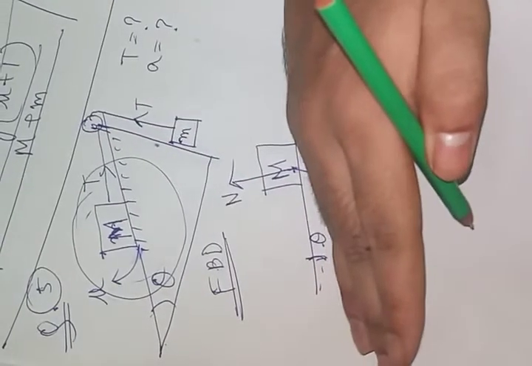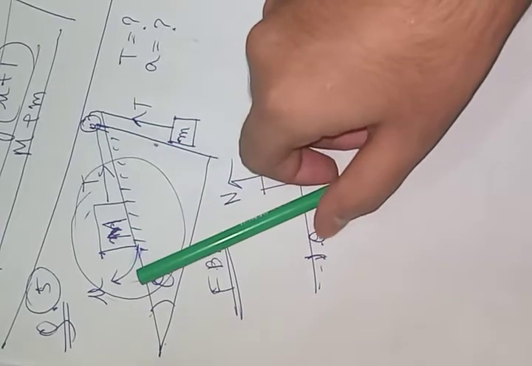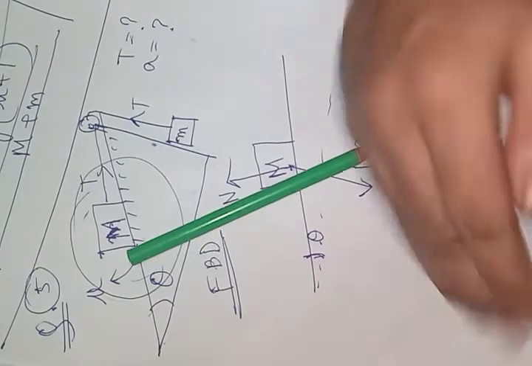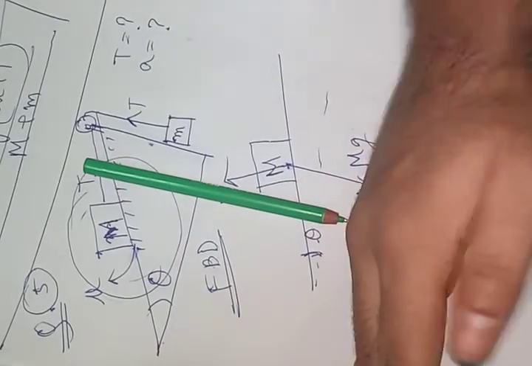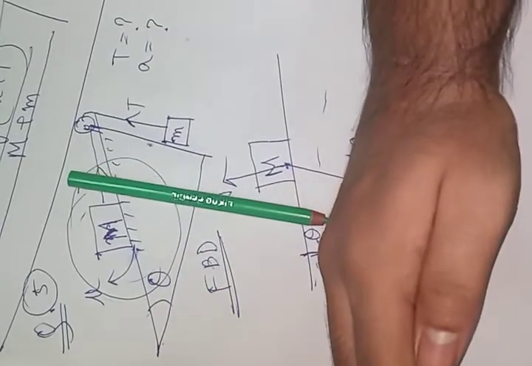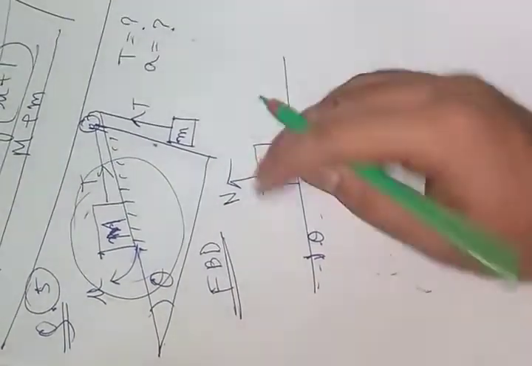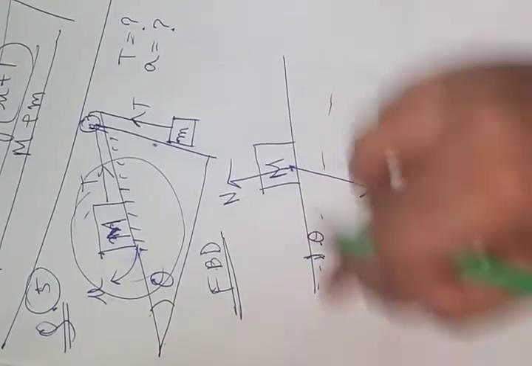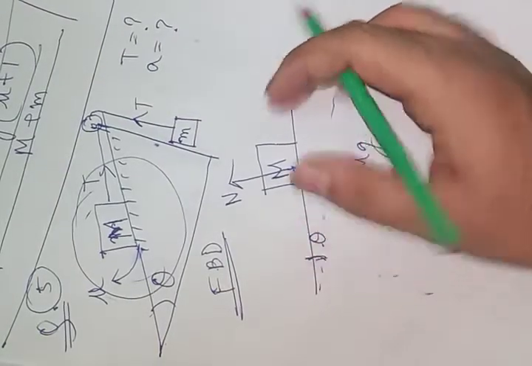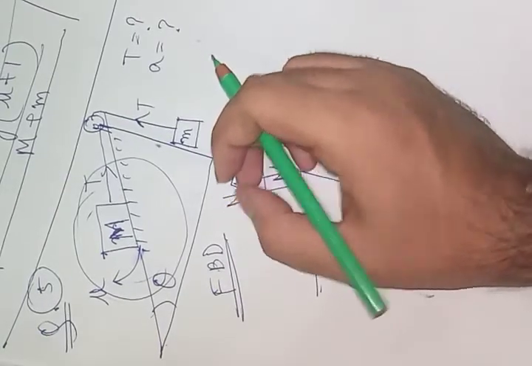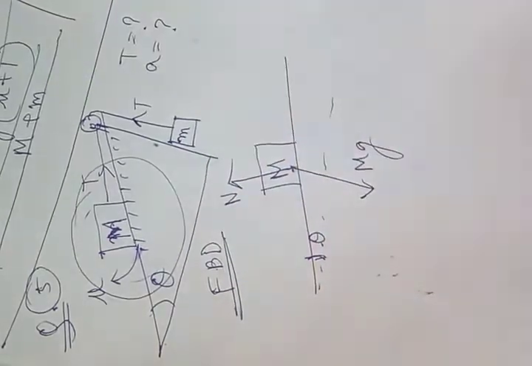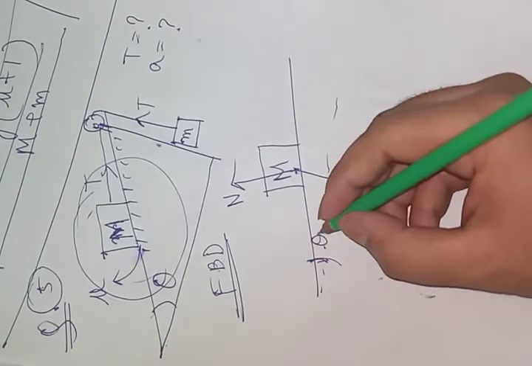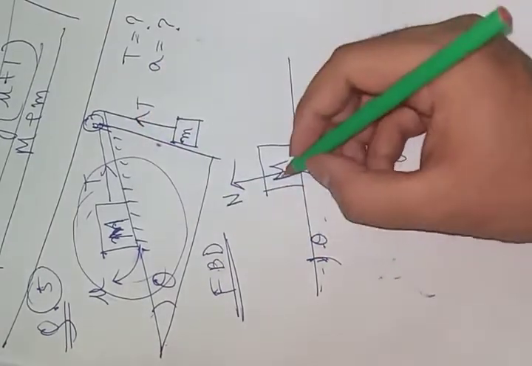If the surface is horizontal, the normal reaction force is vertically upwards. So the normal reaction force depends on the orientation of the surface. This surface is slanting with an inclination theta, so this is N.